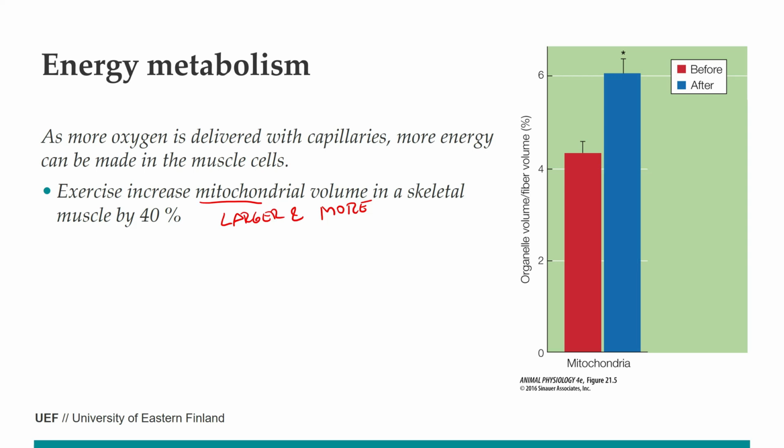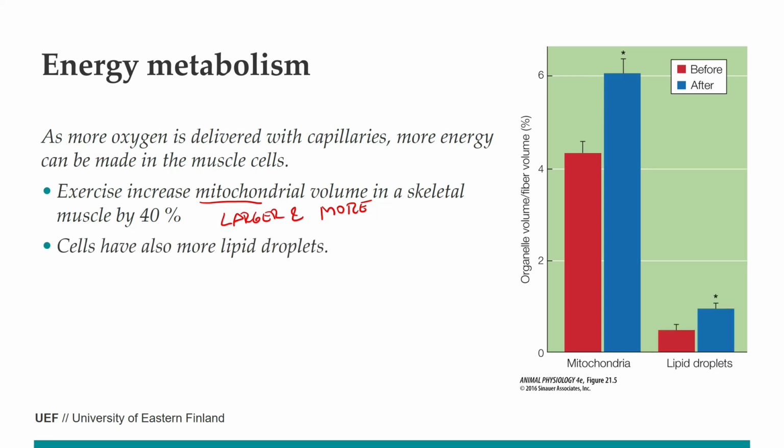And that's why the total volume will increase from, for example, 4 to 6%. It's still a very small amount of the total volume, but because such a huge amount of the volume is needed for the contraction, it's actually a 40% increase.